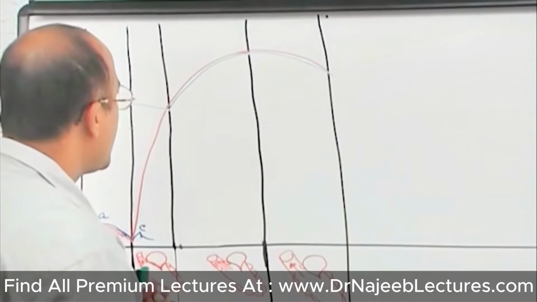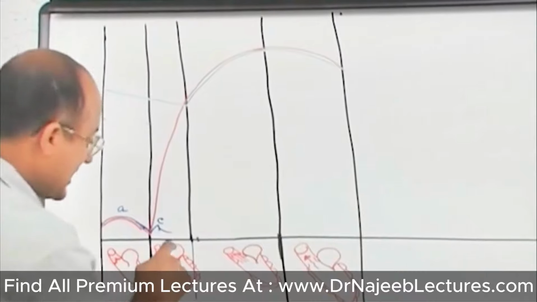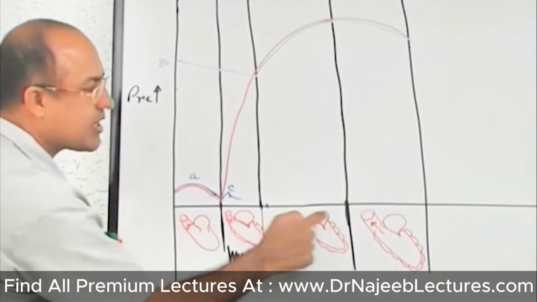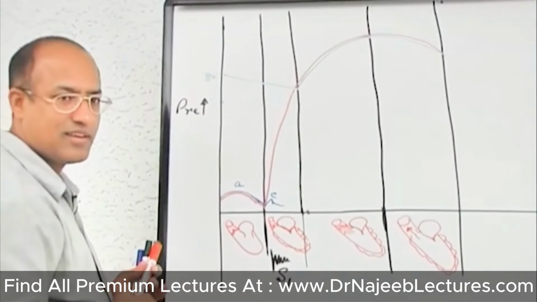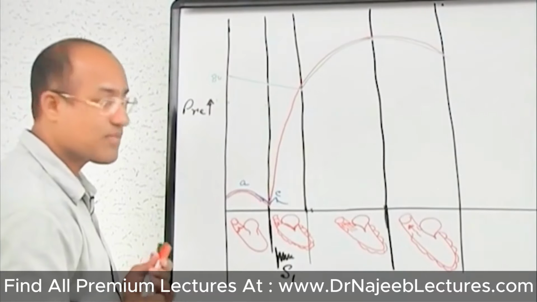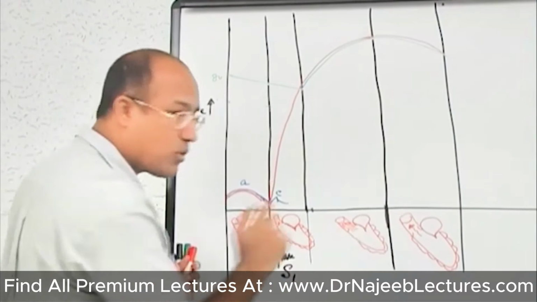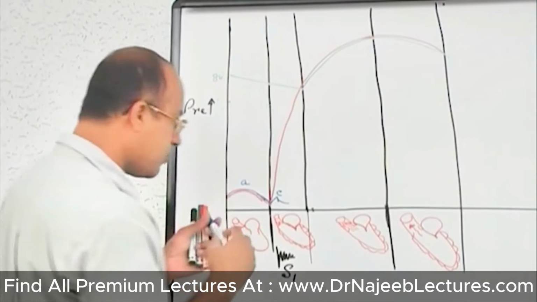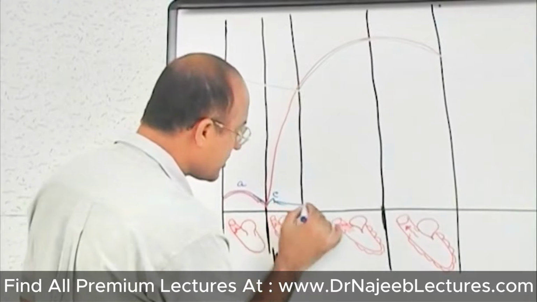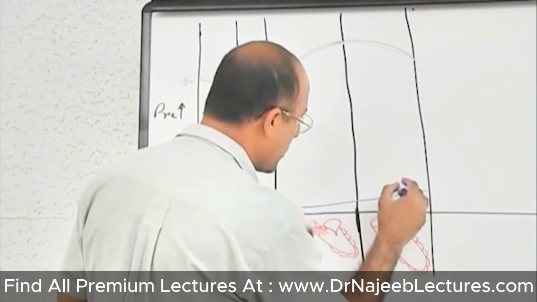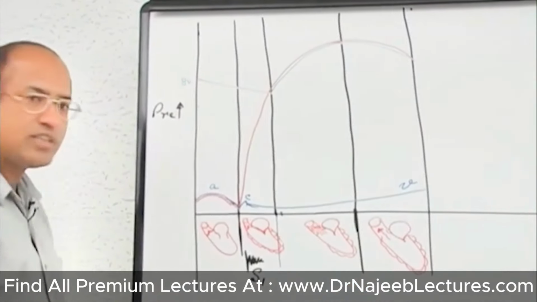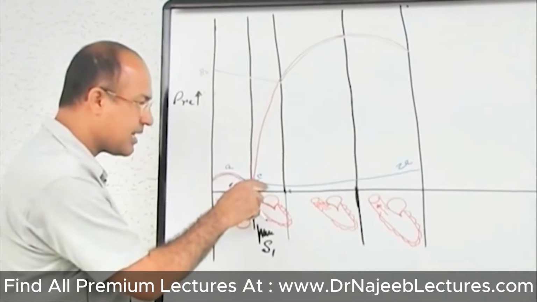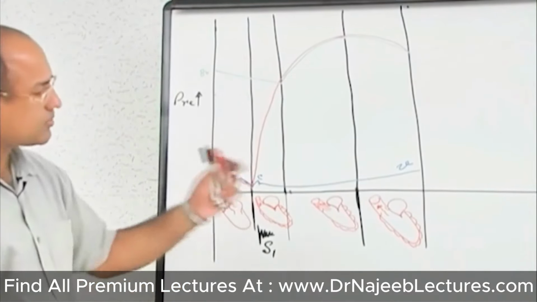From this phase, this phase, this phase, the atrium is working as a reservoir. Due to that, there is progressive accumulation of blood over there, and due to that progressive accumulation, what is this wave? V wave. This is called the V wave.